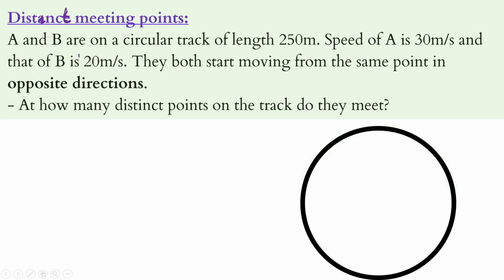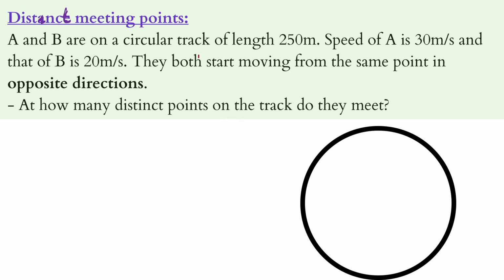So, distinct meeting points. A and B are on a circular track of length 250 meters. The speed of A is 30 meters per second and that of B is 20 meters per second. They both start moving from the same point in opposite directions. At how many distinct points on the track do they meet?